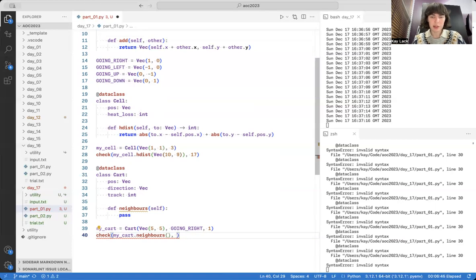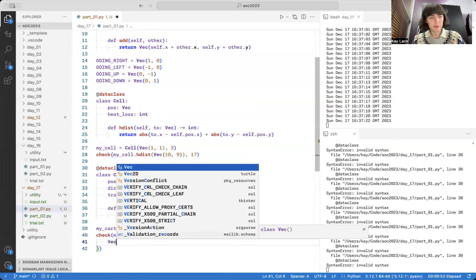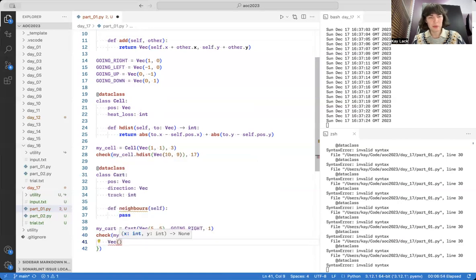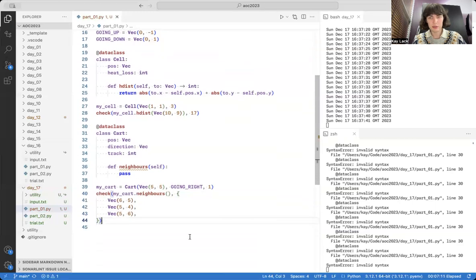Hopefully you'll be okay. So this should be 1 to the right, which is 6, 5. 1 up, which is 4, 1 down, which is 6, and no going back. Okay.